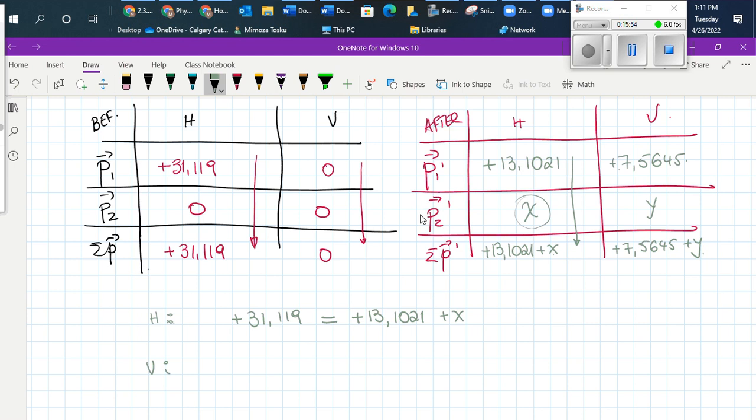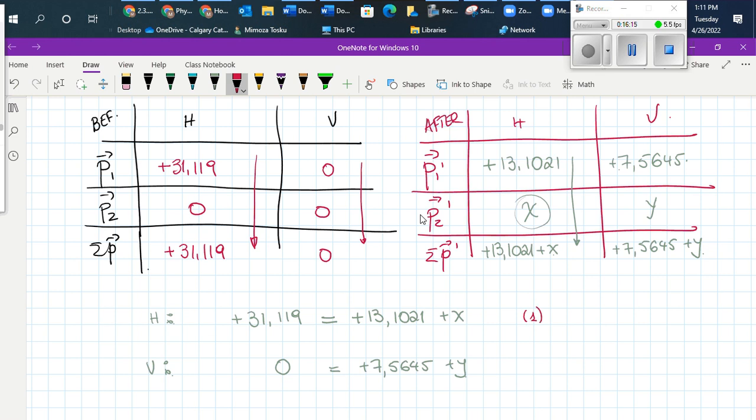And from the vertical, we will have 0, that was before, is equal to positive 7.5645 plus y. So what we have done is we have created two equations.